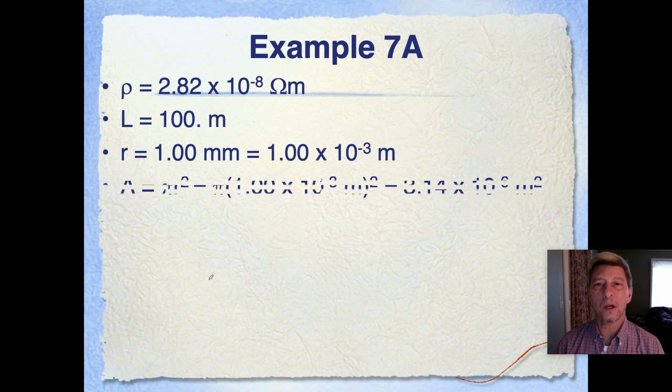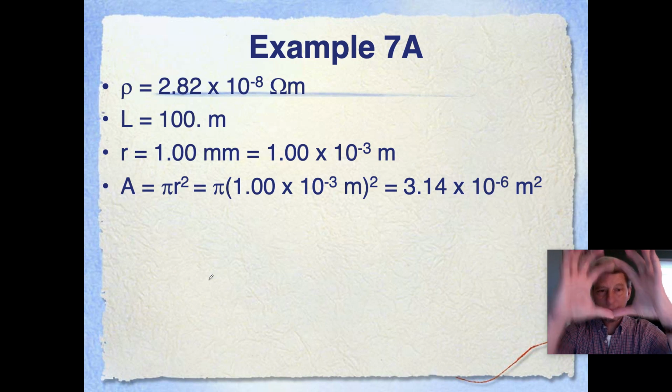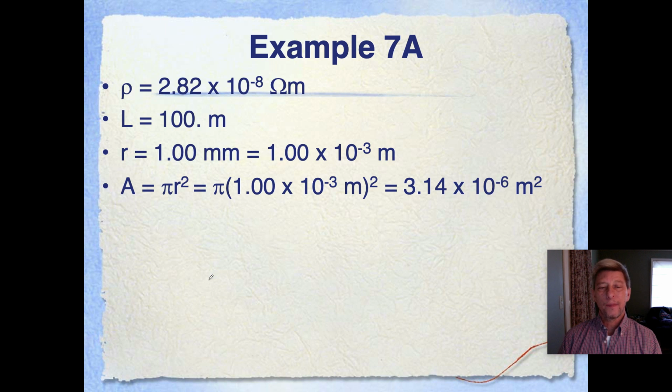Now I'm immediately going to convert that to meters. So it's 1.00 times 10 to the negative 3rd meters. But that still doesn't tell me the area, which I need for my resistivity formula. So I have to use the formula for the cross-sectional area of a circle, pi r squared. So pi times the radius squared, 1.00 times 10 to the negative 3 squared, gives me 3.14 times 10 to the negative 6th square meters.